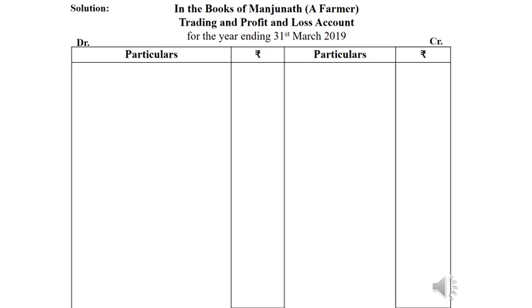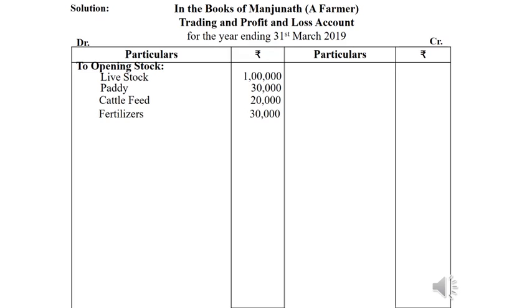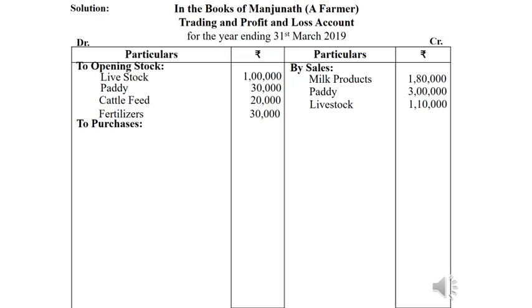In the books of Manjunath, a farmer, trading and profit and loss account for the year ended 31st March 2019. To opening stock: livestock rupees 1 lakh, paddy rupees 30,000, cattle feed rupees 20,000, fertilizers 30,000. Next record sales: milk products 1,80,000, paddy 3 lakhs, livestock 1,10,000. Then record purchases: livestock 60,000, fertilizers 50,000, seeds 10,000, cattle feed 20,000.